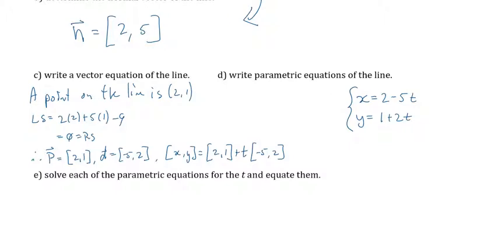Okay, part E is curious. Solve each of the parametric equations for t and equate them. What does that ask us to do? What does that mean? Solve for t. I think this should be straightforward.